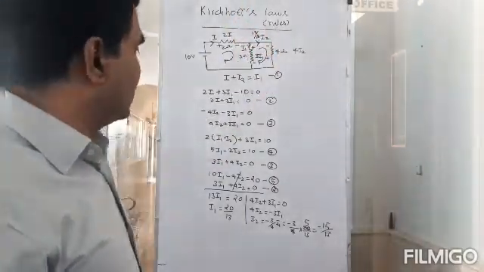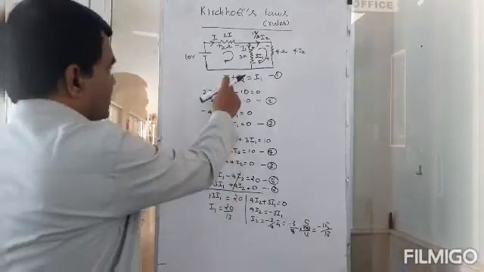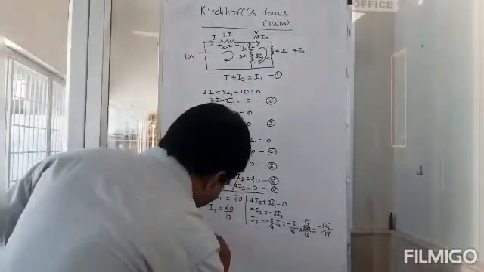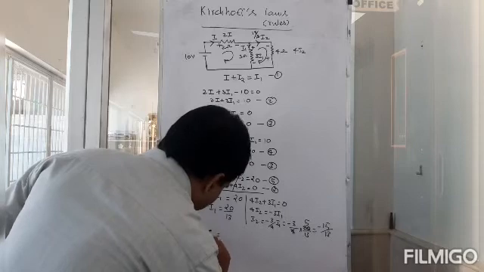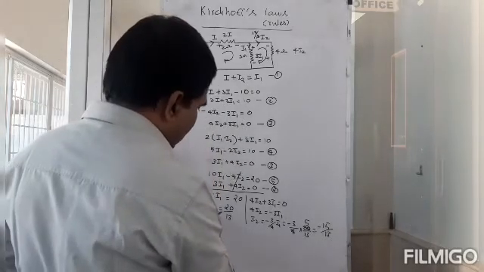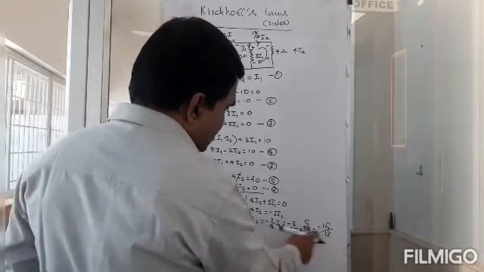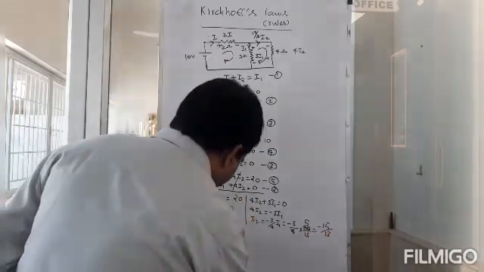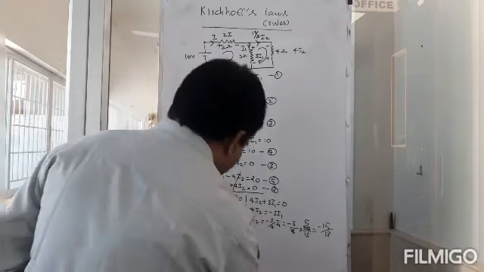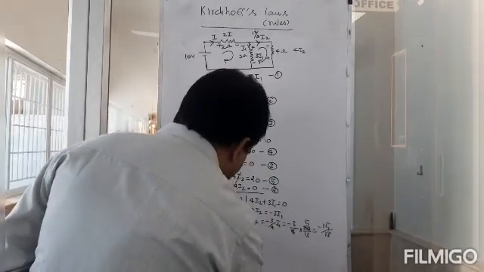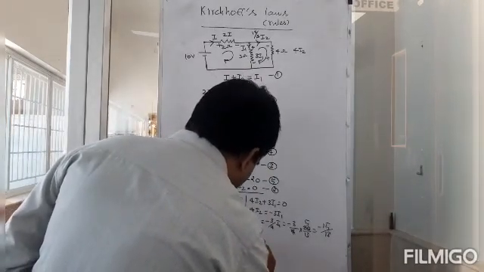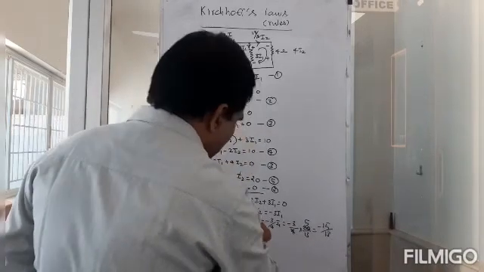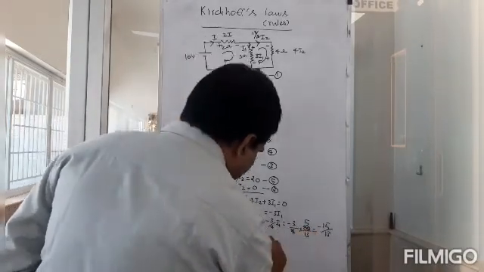That's it. Now what about my I? What is my I? What is my I1? I1 is 20 by 13. My I2 is minus 15 by 13. So my I is I1 minus I2. So what is I1? It's 20 by 13 minus, what is I2? Minus 15 by 13, right?